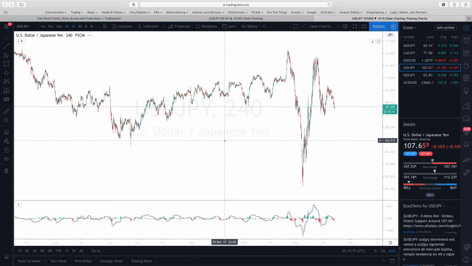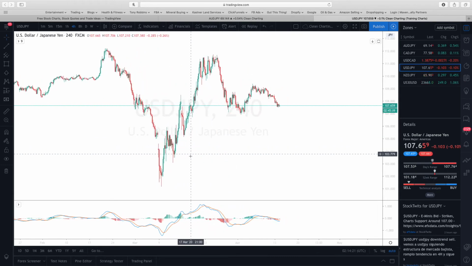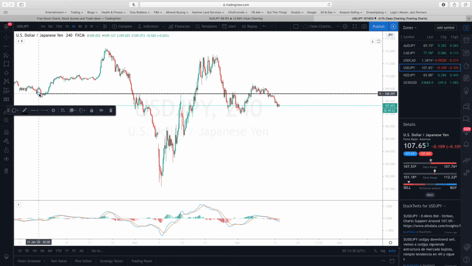So let's take a look here. Like I said, I'm just looking for areas in which price rejected from as a common area of rejection. So I take our horizontal ray tool, and we can see that price, and by rejection I mean swiftly moved away from there, in which we can catch a lot of pips.